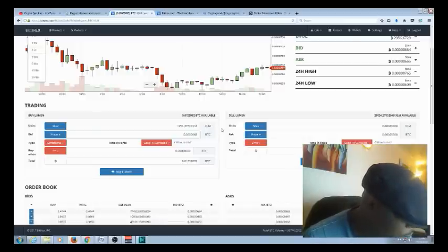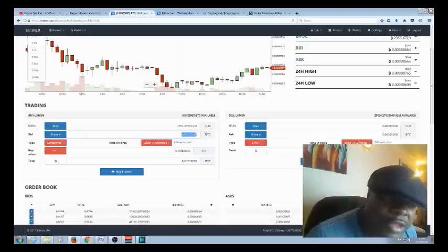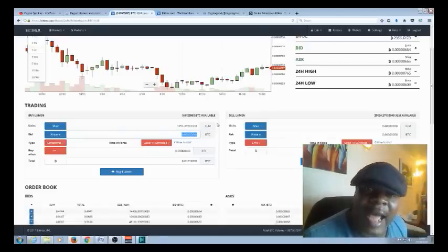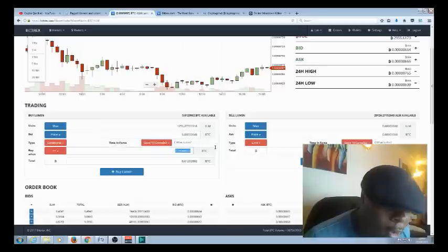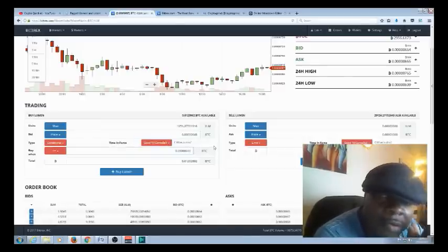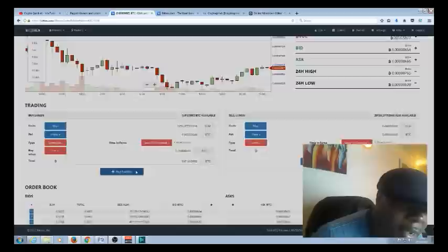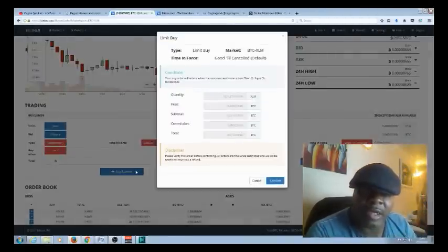I'm going to put 648 as my asking price, and I'm still going to set the parameters at that price or lower. So now I've tweaked the asking price, and I've reset the equal to or lower range. So now I click on buy.